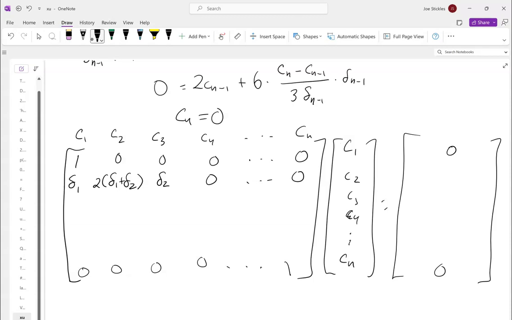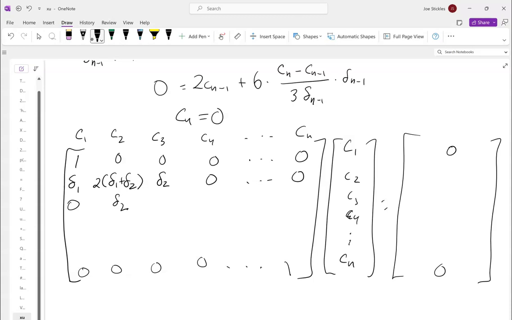When we do the next equation, instead of plugging in a 1 for I, we'll plug in a 2. I haven't filled in the constant yet, but that's okay. We'll do that in a second. When I plug in 2 for I, I've got C2, C3, C4 for my variables, right? So what does my row look like there? A 0 here. This one's going to be delta 2, right?